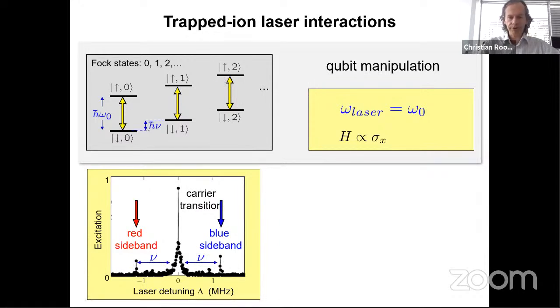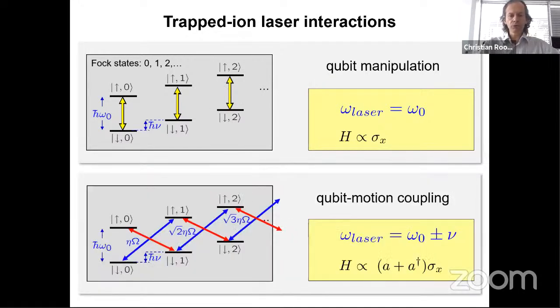And now what one can do is to make use of a bichromatic coupling. That is, instead of working with a laser that carries just a single frequency, you have a laser that carries two frequencies, one which is equal to the atomic transition frequency plus the oscillation frequency of the ion in the trap, and the other one equal to the transition frequency minus the oscillation frequency of the ion in the trap.